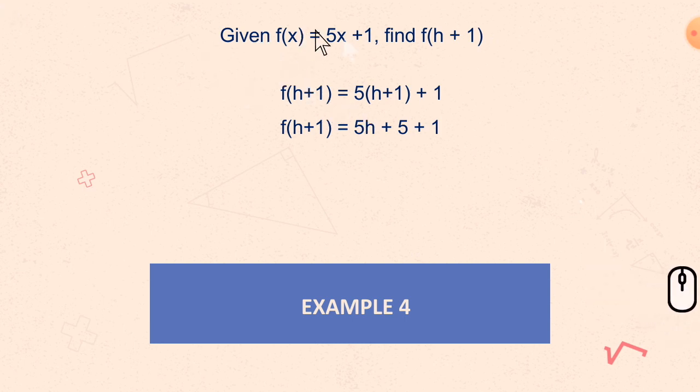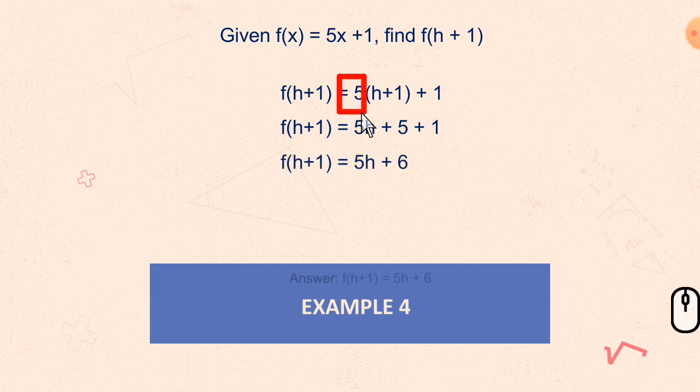Itong 5 na ito is i-multiply natin sa ating h and then yung plus 1. Kaya magiging 5h plus 5 times 1 is 5 plus 1. So 5h plus 5 plus 1 is 6. So the answer is 5h plus 6.